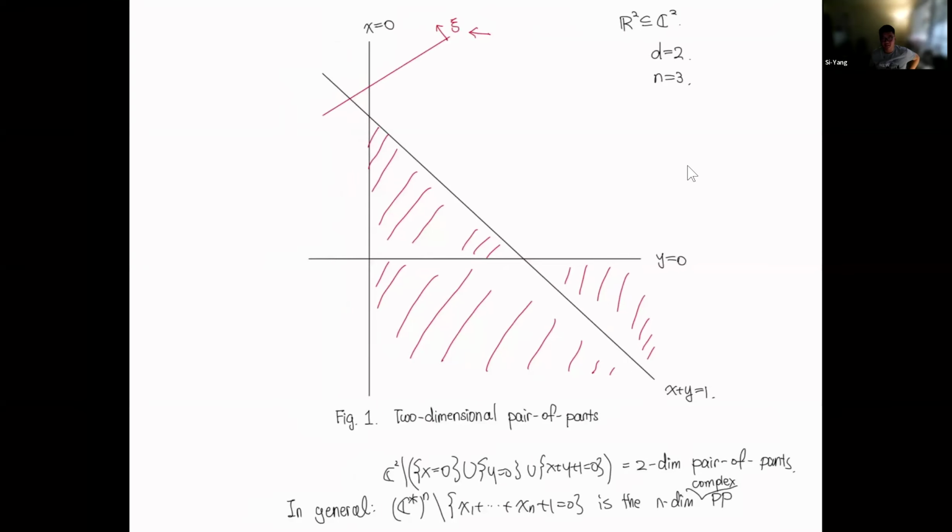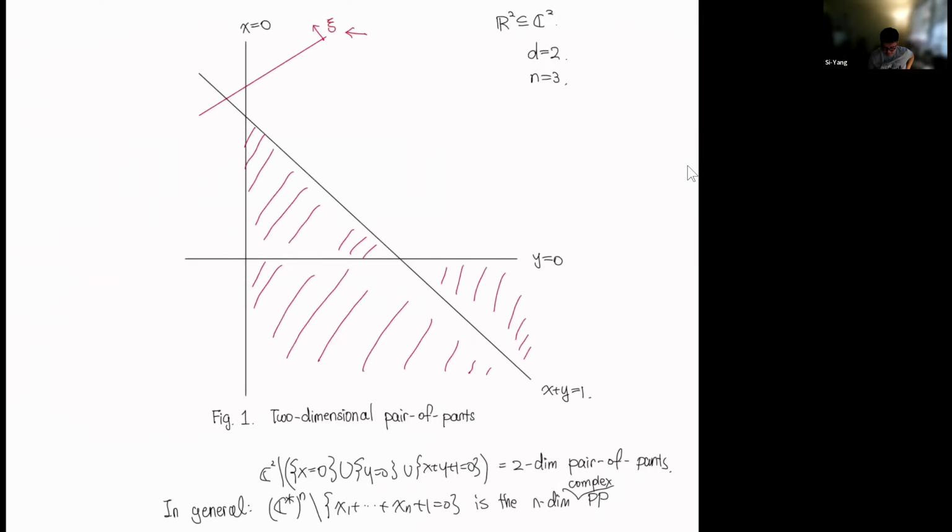Okay, if there are no more questions, then I will go to the next part. Weinstein manifolds. Why am I talking about this? Because symplectically, not all symplectic manifolds have handle structures.